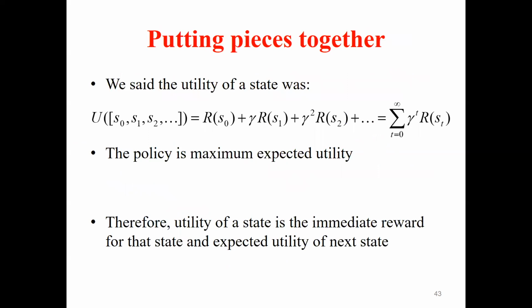Now, let's see this out. What we are saying is the utility of a state sequence is defined as the individual sum of rewards, and now we are calling it discounted rewards, so that the problem of infinite state sequences is resolved. Now, the policy is the maximum expected utility, as you've seen in the previous slide. Therefore, the utility of a state is the immediate reward for the state plus the expected utility of the next state.